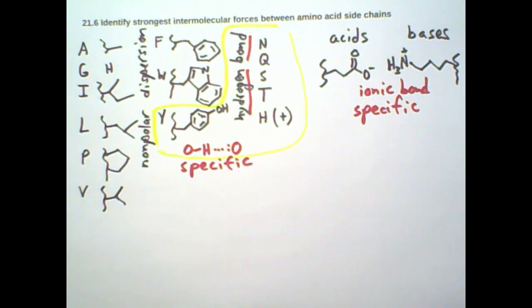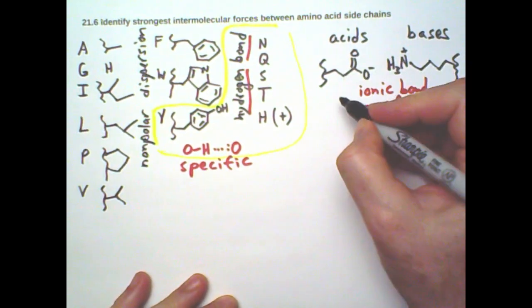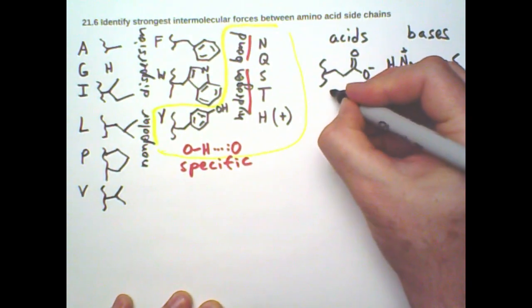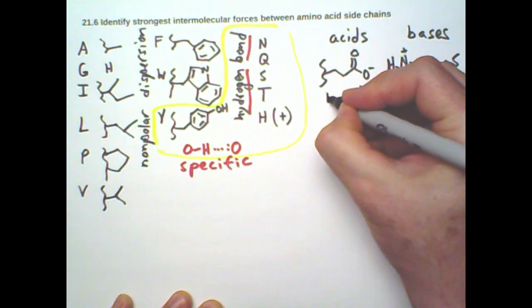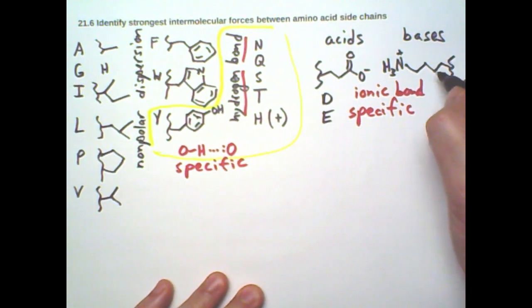There's another type of specific interaction. Let's go back and list these amino acids. Glutamic acid and aspartic acid. D for aspartic acid, E for glutamic acid.